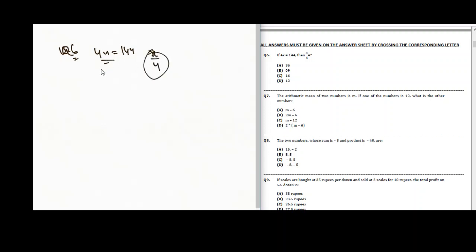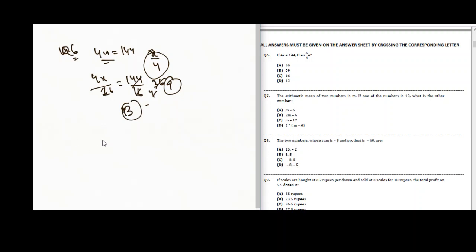So if I divide this equation by 16, I would end up with the same value as this 4x. Similarly, I have to divide 144 by 16 as well. Now you just have to simplify: 4 times 36, and 9. So the answer is option B, that is 9.